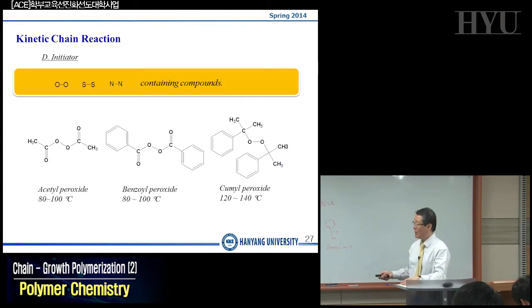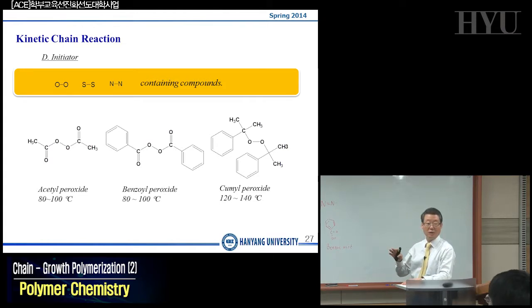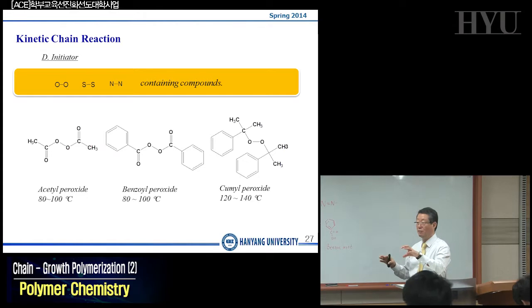So it's not a very high temperature. It's around 100 degrees C. So the initiator with the monomer, if you heat it up to about 100 degrees C, starts to form the initiation reaction and proceeds with the propagation reactions.